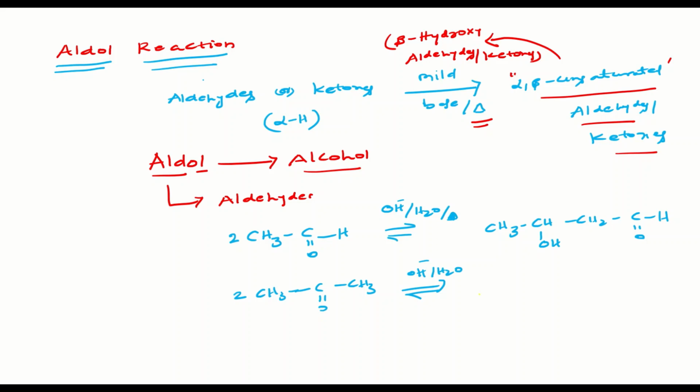So it works successfully for aldehydes, not for ketones. I'm not saying the beta hydroxy ketone will not be formed; it will be formed, but the product ratio is very low. So here I'm going to write the direct product for this.